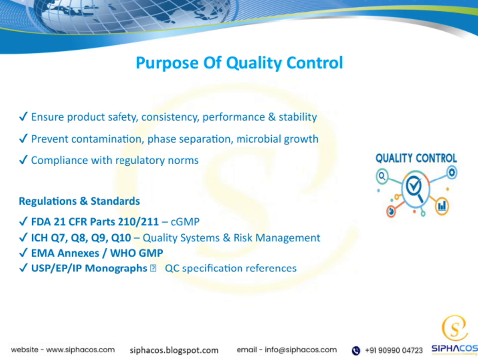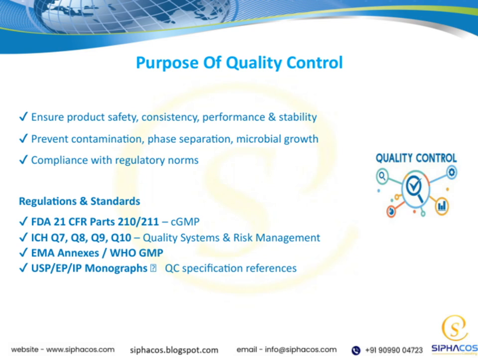Then we have the ICH guidelines, Q7, Q8, Q9, and Q10, that cover quality systems and risk management, helping us build robust processes from development through manufacturing. We also need to be aware of EMA annexes and WHO GMP standards, which are vital for international compliance, especially if we're exporting products globally.